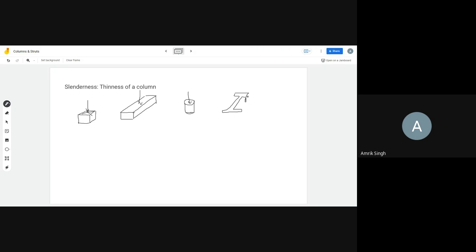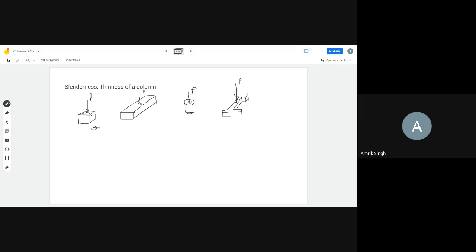So you can make it like this. So the load will be here. These are all short blocks, and when we apply the load, they will be crushed.